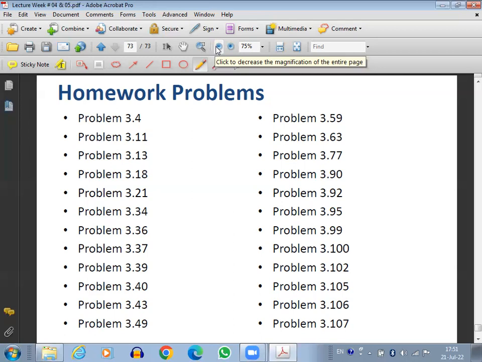Now at this time, you have actually covered the material till the mid exam. Lecture week 4 and lecture week 5 are included in the mid exam. Lecture week 1, lecture week 2, lecture week 3 is the first quiz, which you are going to have next week on Monday.